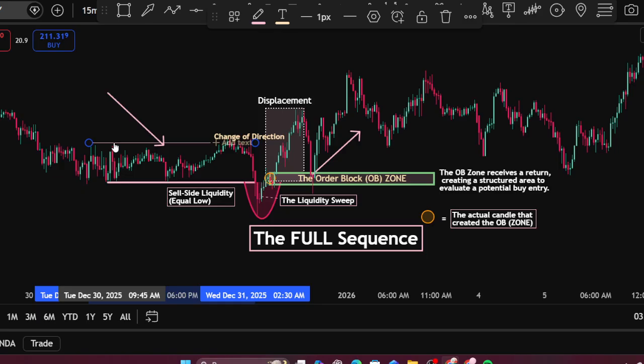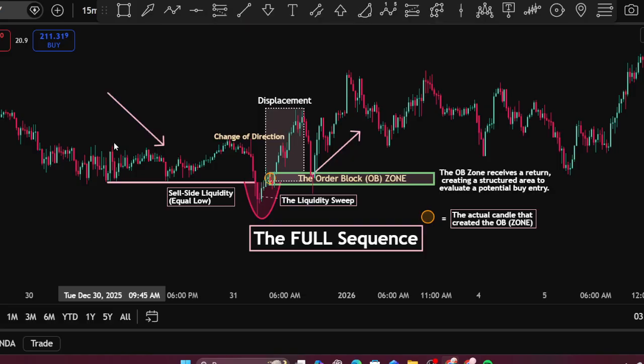Okay, so now I'm going to remove this line. All right, so the market is coming down. It ended up going into that consolidation. The sequence looks just like this. You will first have a liquidity sweep, meaning it will take those stop losses.